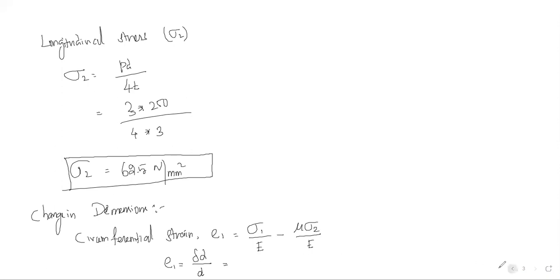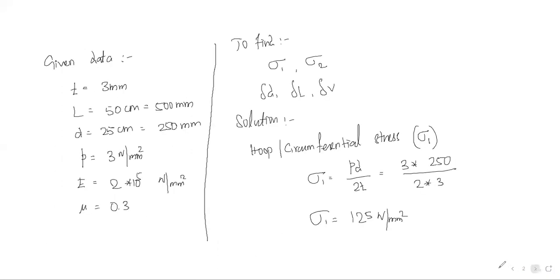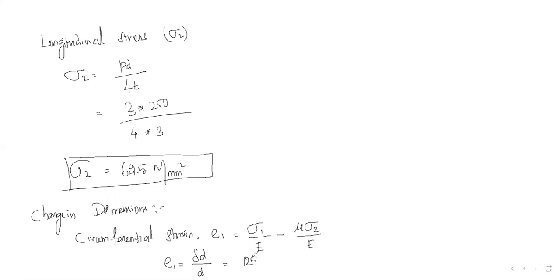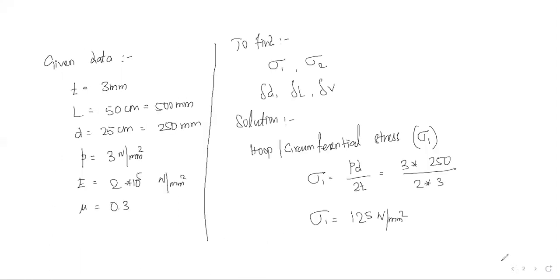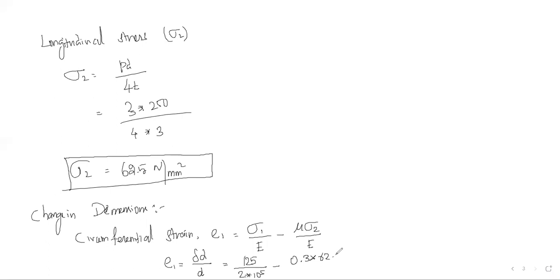Sigma 1 value we have calculated as 125, so 125 divided by 2 into 10 to the power 5, minus mu value 0.3 into sigma 2, which is 62.5, divided by 2 into 10 to the power 5.